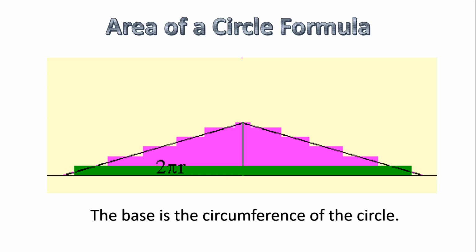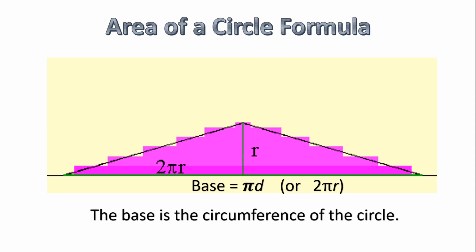Because we unfolded it to be a triangle of sorts. So the base of that triangle is pi times diameter, or 2 times pi times the radius. That's the circumference formula. The height of that triangle is the radius of the circle.